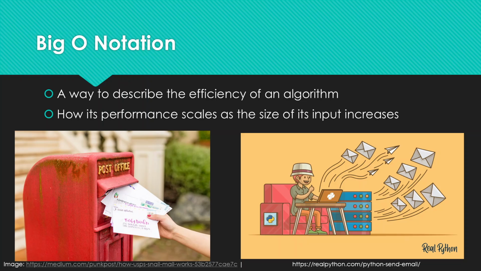So what is Big O notation? Big O notation is a way to describe the efficiency of an algorithm. That is, how the performance scales as the size of the input increases.